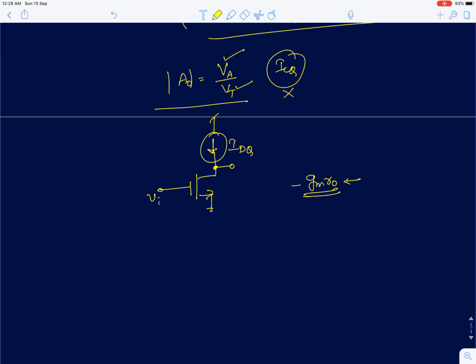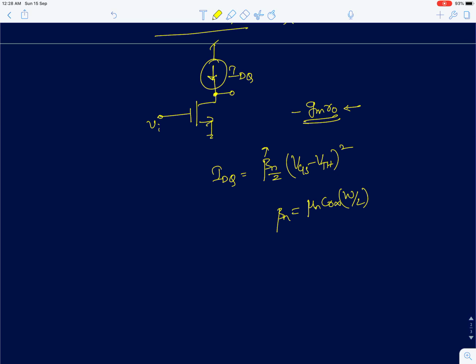However, we know that the drain current of a MOSFET has a square law dependence on the gate voltage. In this case I've written beta n here. Beta n is nothing but mu n Cox W by L. I'm just calling it beta n.